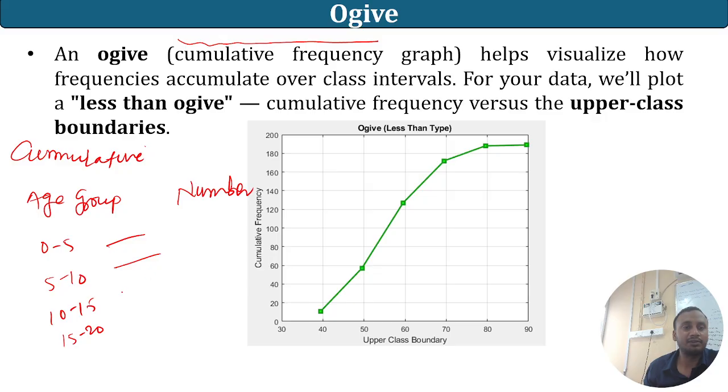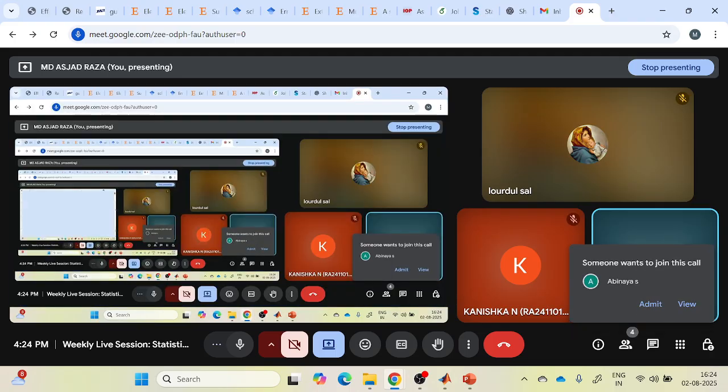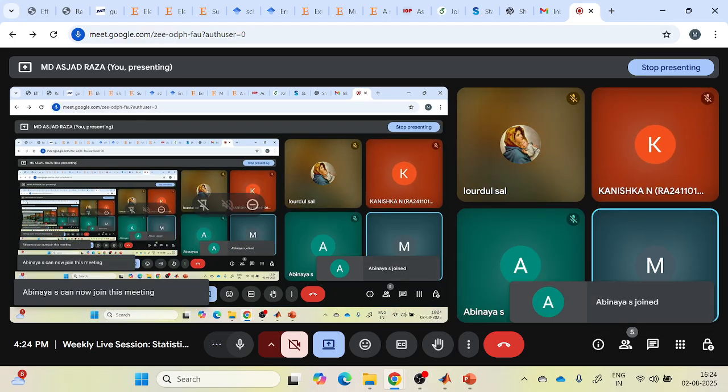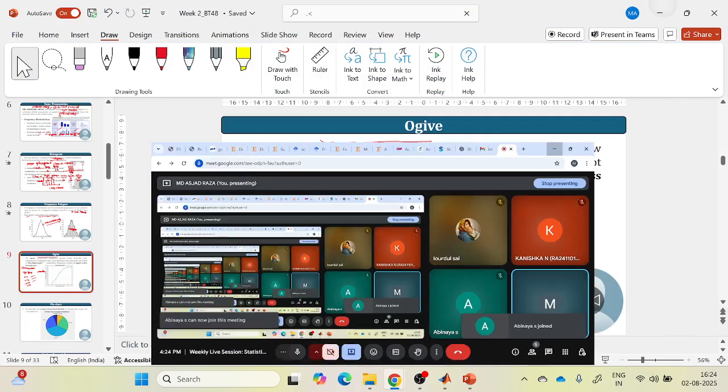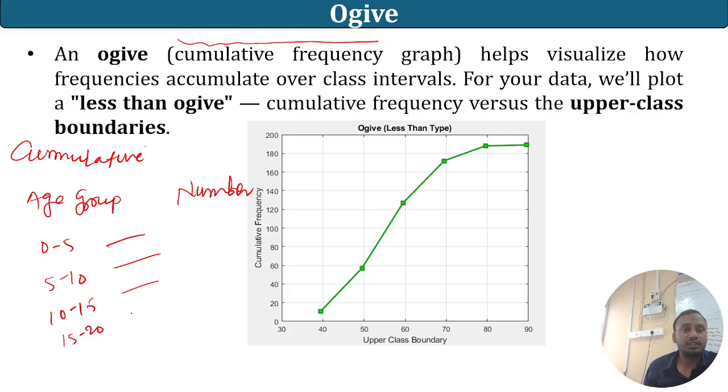So in that case, let's say for any group of the sample space or the population, 0 to 5 has somewhere around 10 numbers.